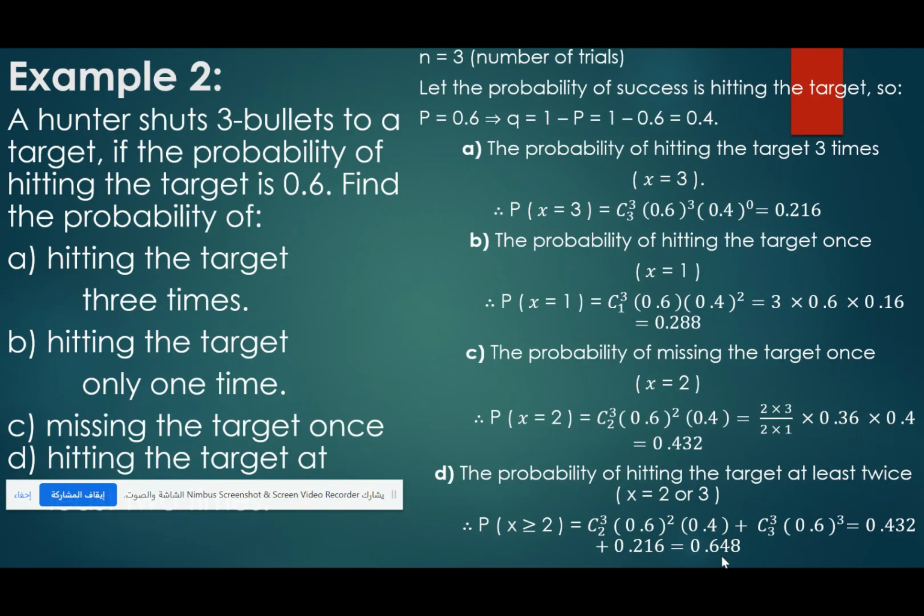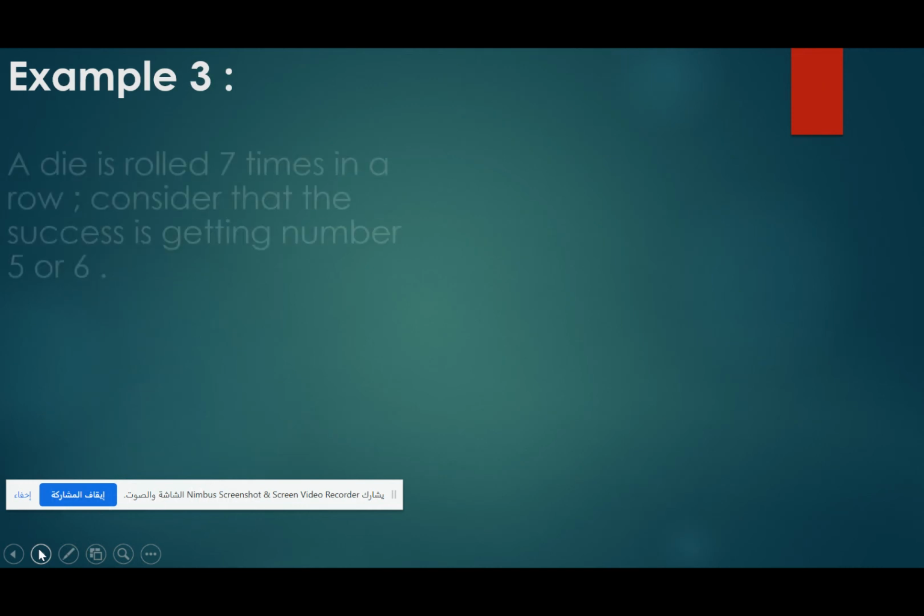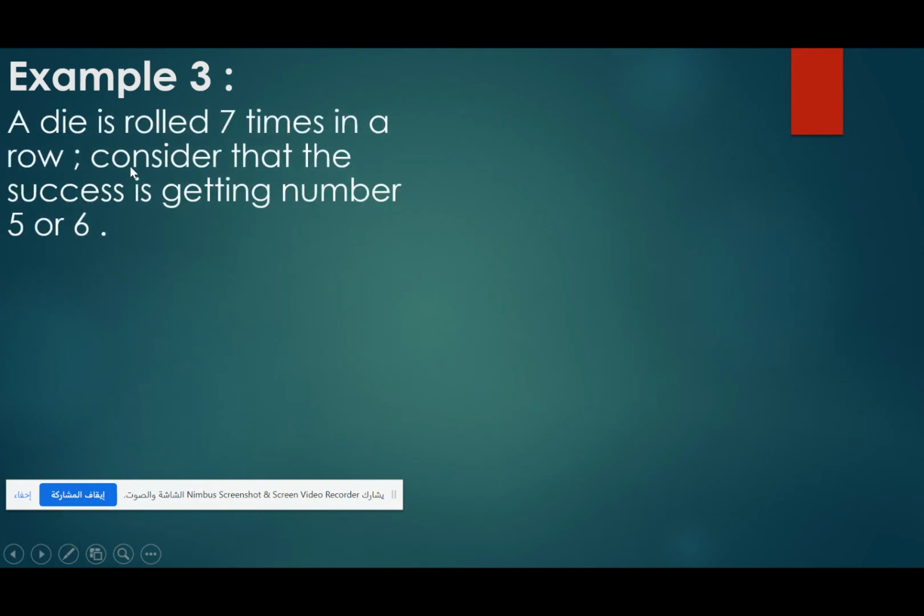Another example and more ideas with more examples. We will have example number 3, which says a die is rolled 7 times. So when you are repeating the experiment many times, that means you are dealing with these sequences of trials, which gives you the number n, which is 7.